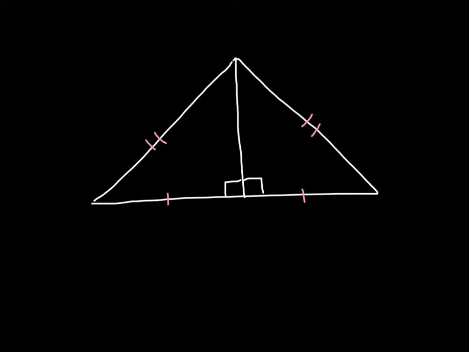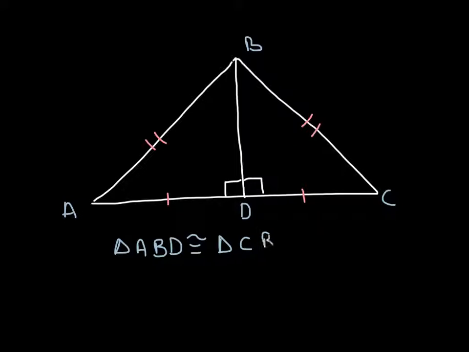And last but certainly not least is this figure here. We'll name this A, maybe B, C, and let's go ahead and name this point D. The goal here would be to prove that triangle ABD is congruent to triangle CBD.